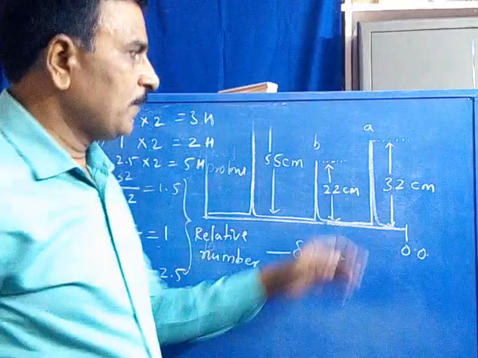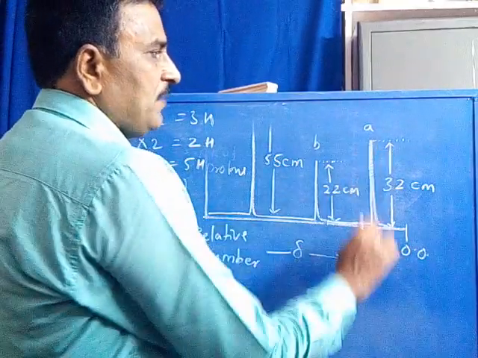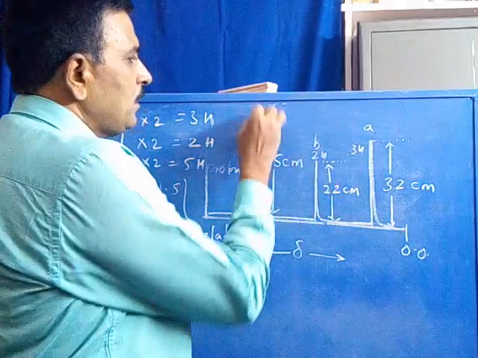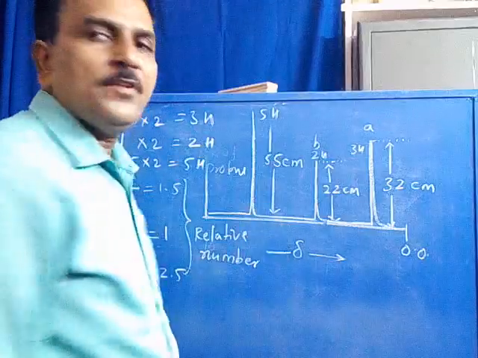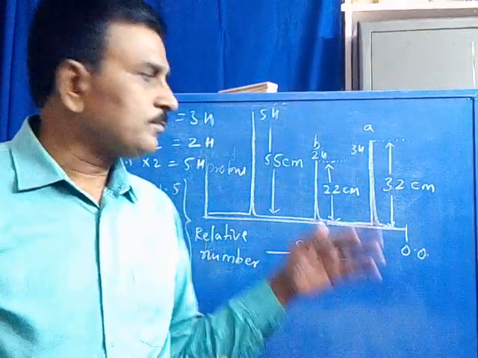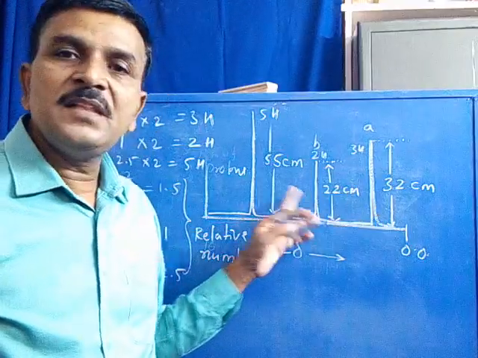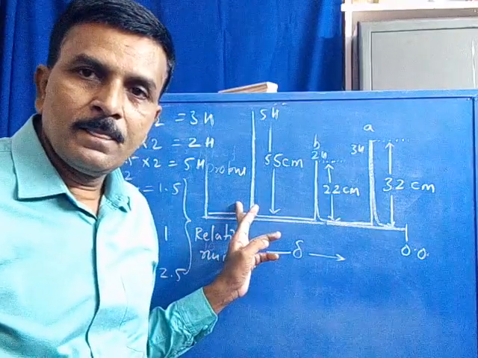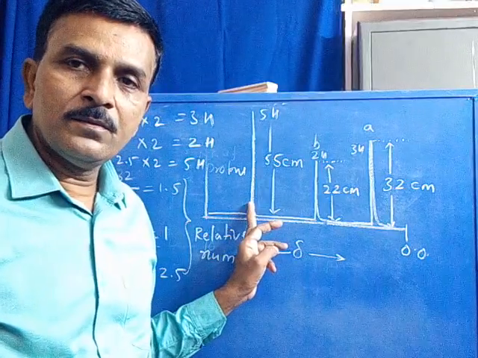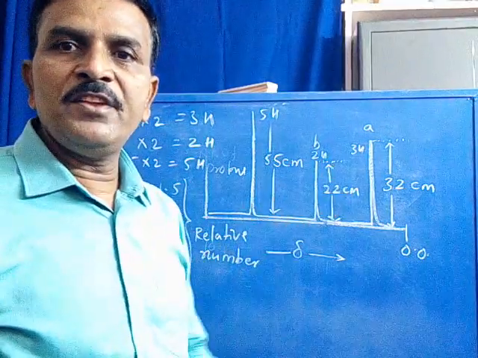Are you following? So the first signal has 3 hydrogen, the middle signal has 2 hydrogen, the last signal has 5 hydrogen. So an unknown molecule appeared with 3 signals, indicating there are 3 sets of protons in the molecule. Now we have integrated every signal.